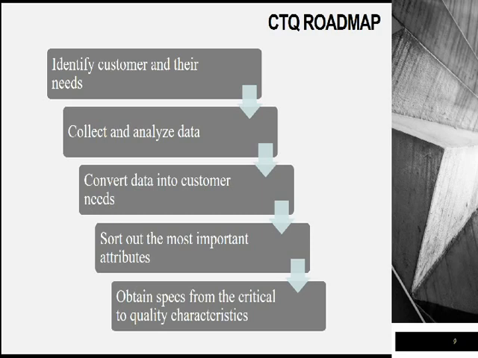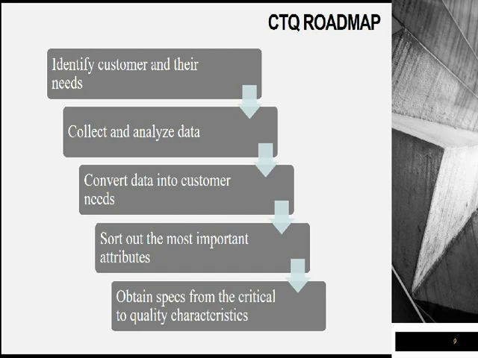In other words, through complaints or surveys, focus groups. Following that, it's necessary to convert all this information into customer needs. Then, it's important to evaluate the most important features through prioritization matrix. And finally, obtain specifications from these characteristics.